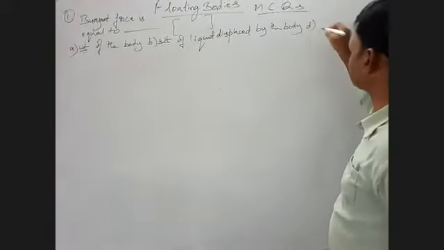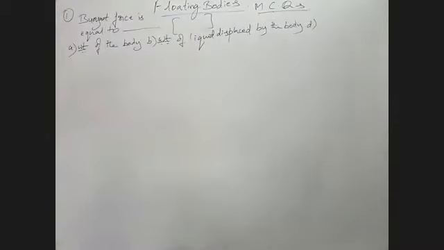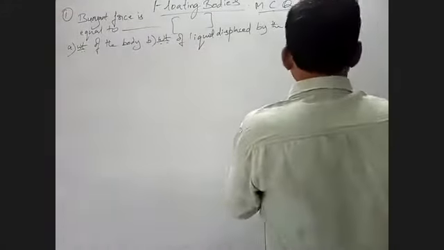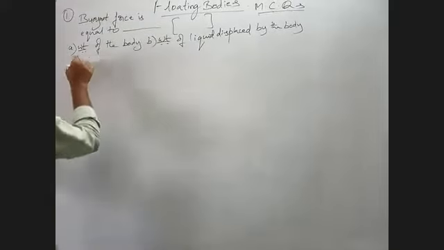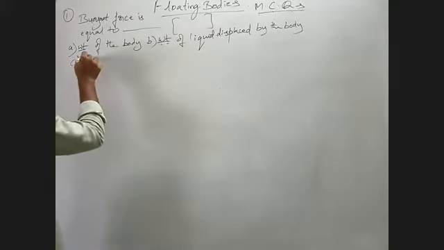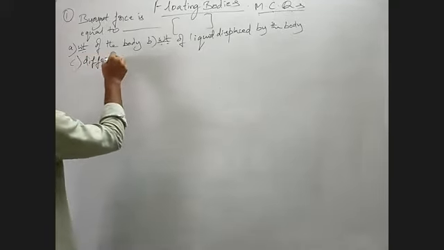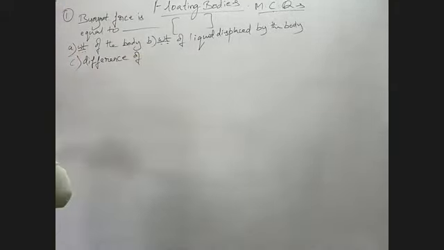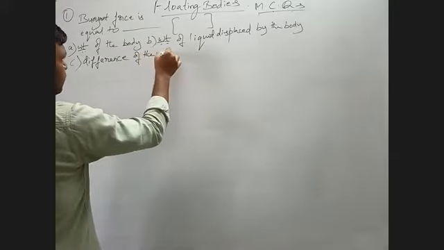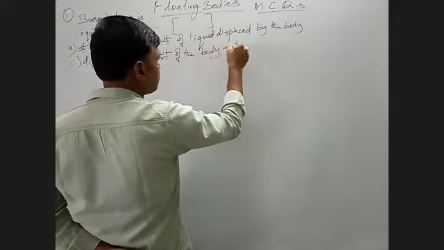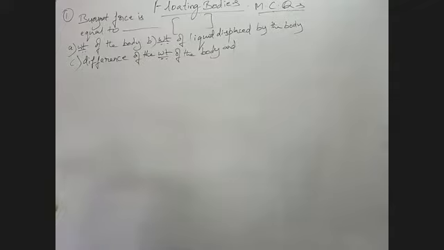So option D. This is B only, so this should be C. Option C: difference of the weight of the body and the weight of the liquid displaced.